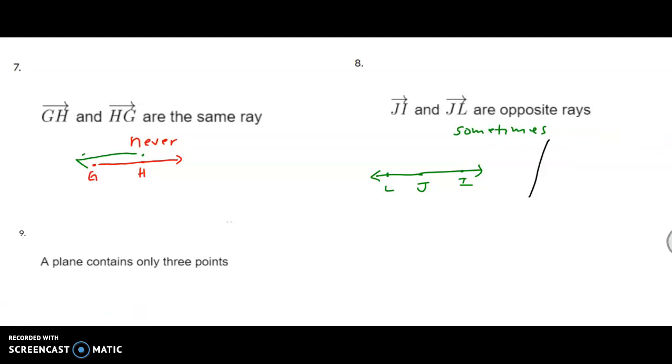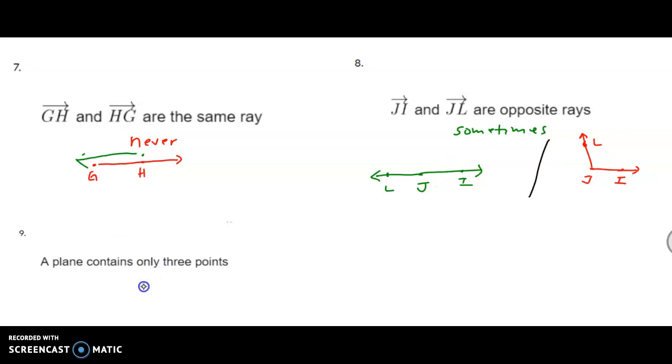All right, so what if you had JI the same way, JI, right? But then you had JL, something like this, right? These are not opposite rays, okay? They're different rays, but they're not opposite, okay?